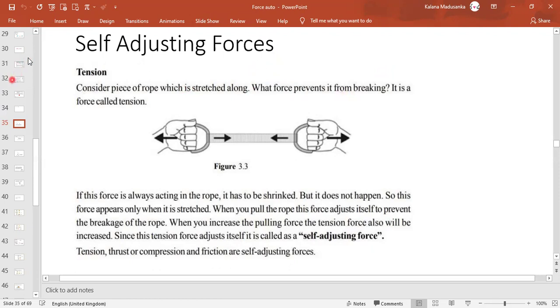For example, if I am pulling an object with 5 newtons, then the resistance also automatically adjusts to 5 newtons. If I increase it to 10 newtons, the resistance or reaction force also increases up to 10 newtons. Like that, if one force is increased, the other automatically increases as well. So this is called a self-adjusting force.